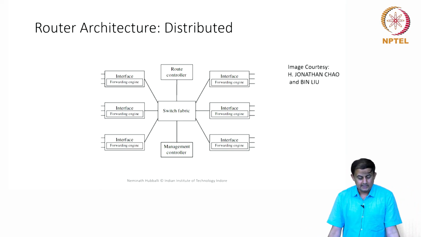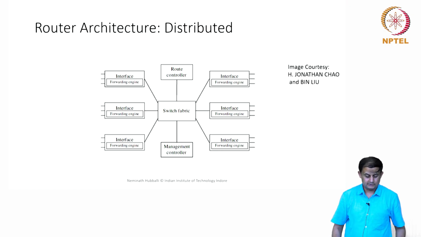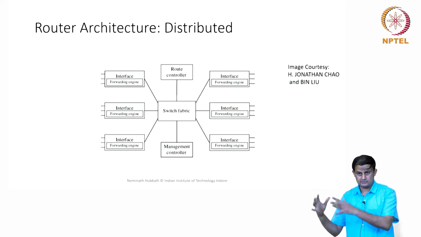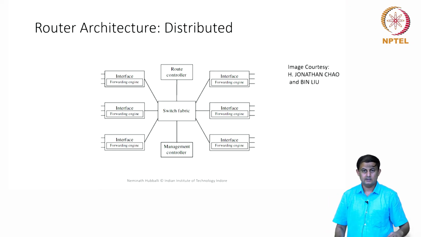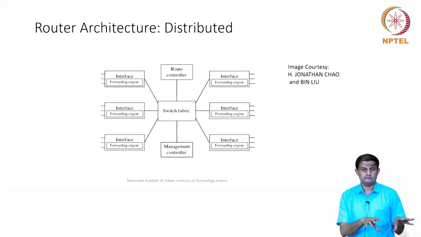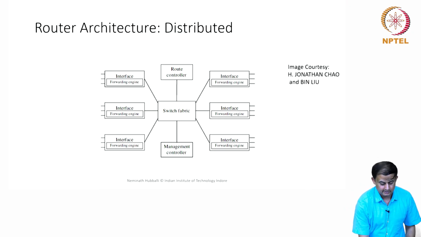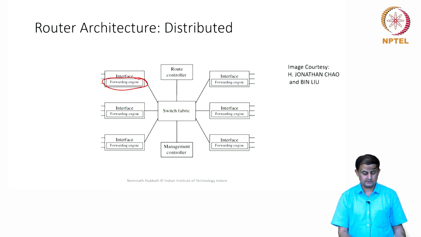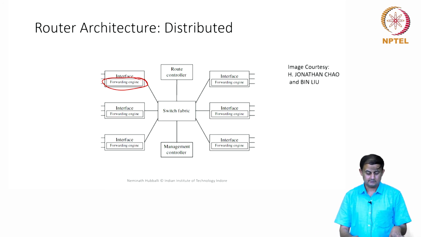So in the distributed architecture, we still have the route controller, the management controller, and the switch fabric, but on every interface we have a loaded forwarding engine. There is a routing table sitting there with a processor, and it has everything, so it can do the lookup operation independently.